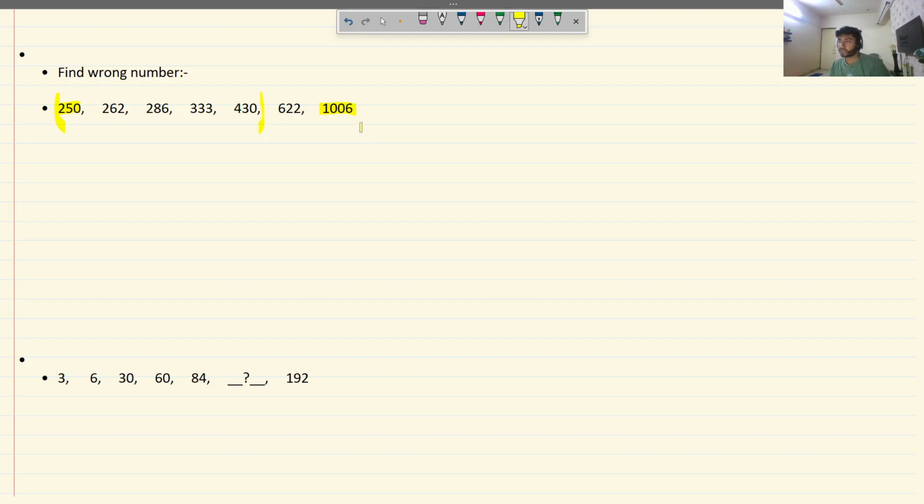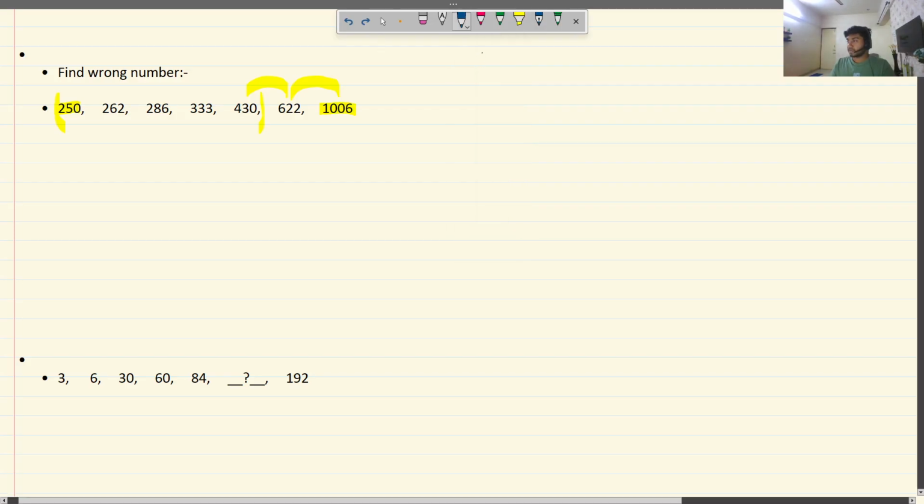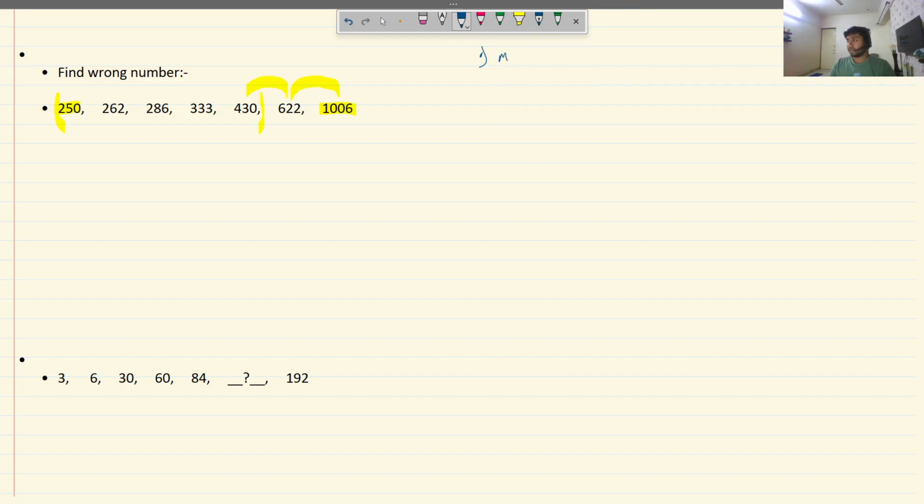And in the later part of the series, the jump from 430 to 622 was huge, and even a large jump is there between 622 and 1006. So this gives me an idea that there may be some sort of multiplication involved in the consecutive difference.